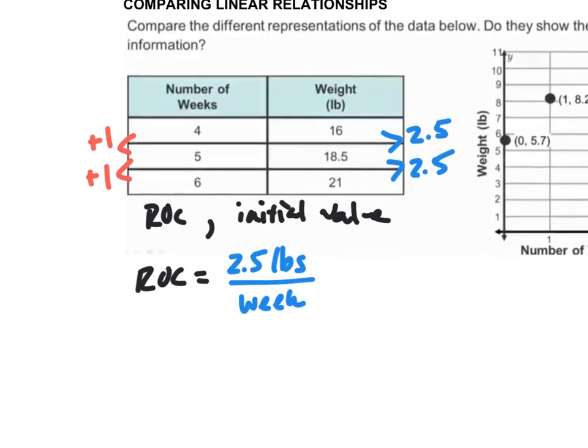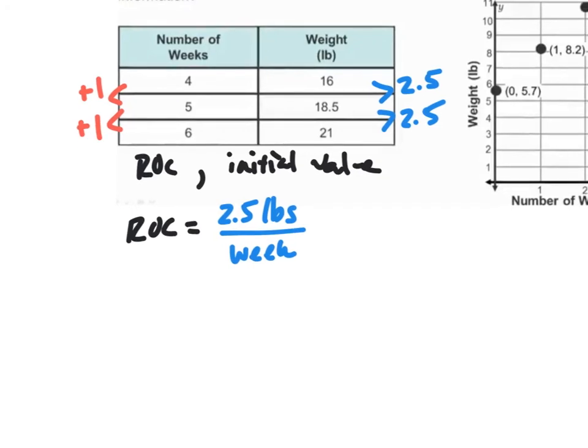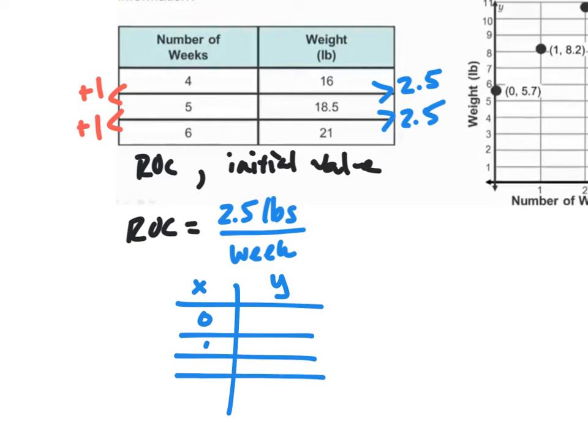Now what I want to do is go backwards and see what we get for our initial value. I'm going to do x and y: 0, 1, 2, 3, and 4. For 4 we had 16. Now I'm going to subtract 2.5 from each of these just to see what happens.